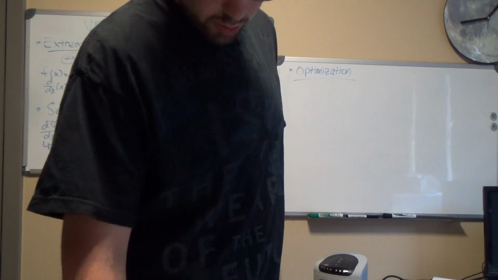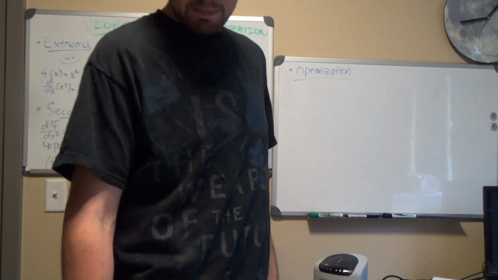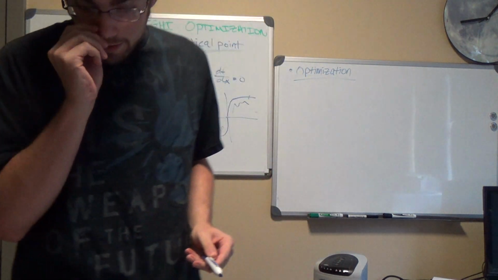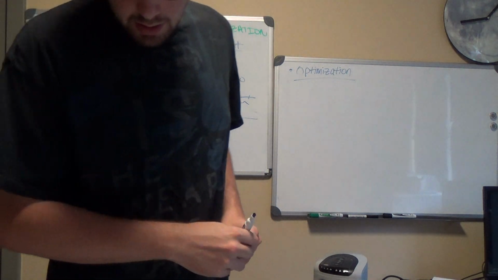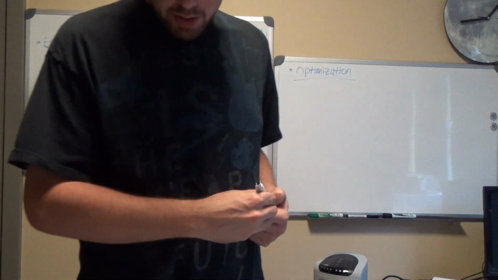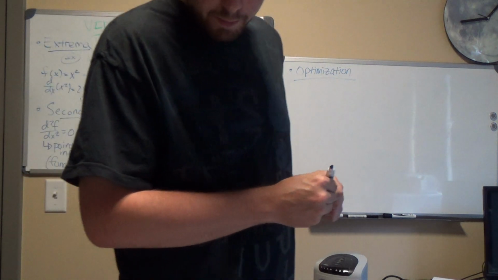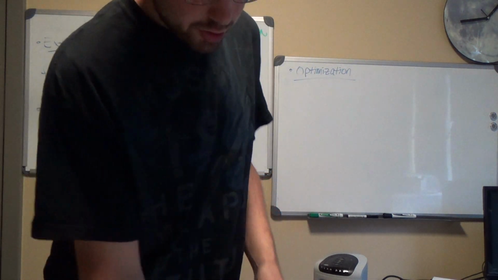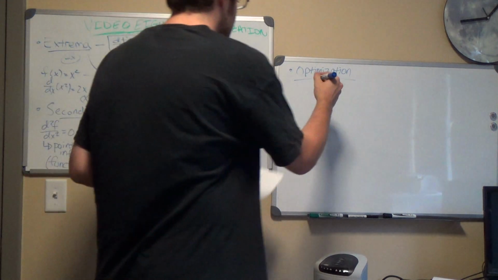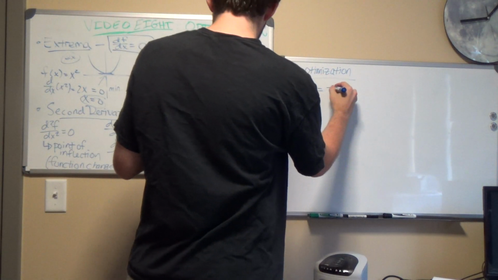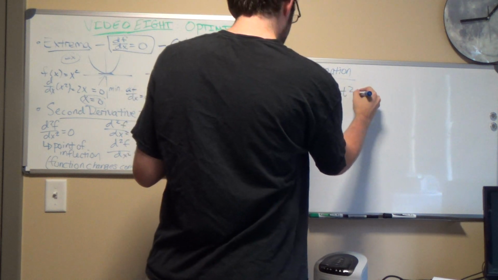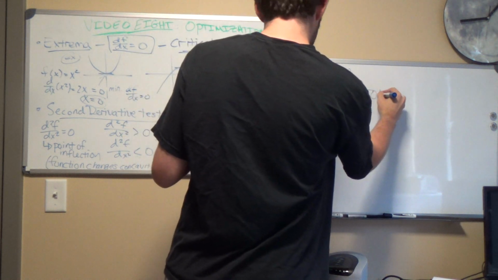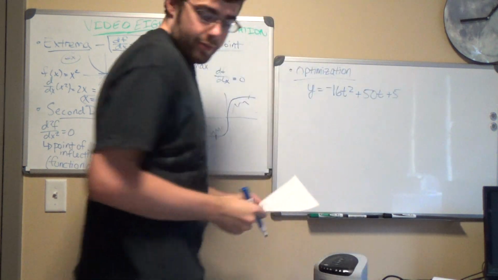This first problem is problem 19 on page 187. A grapefruit is tossed straight up with an initial velocity of 50 feet per second. The grapefruit is 5 feet above the ground when it is released. Its height at time t is given by the following function: y equals negative 16t squared plus 50t plus 5.